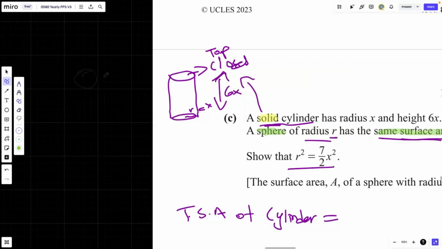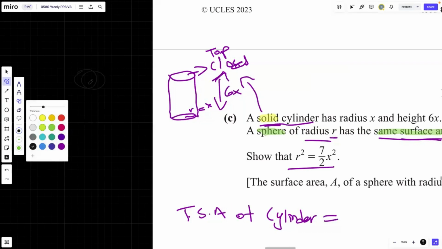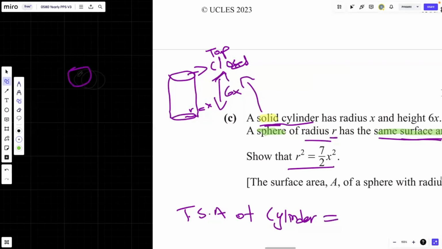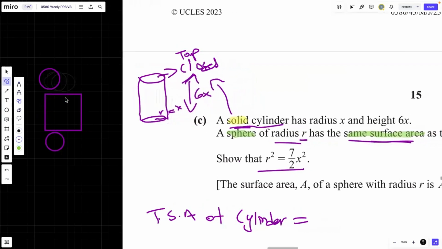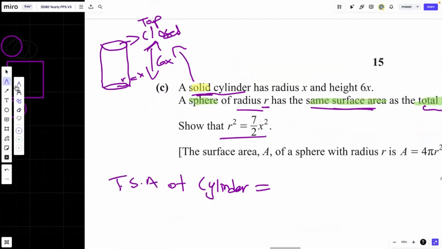It's a circle top, a circle base, and a curved portion, which is actually a rectangle. That's your cylinder broken down part by part.